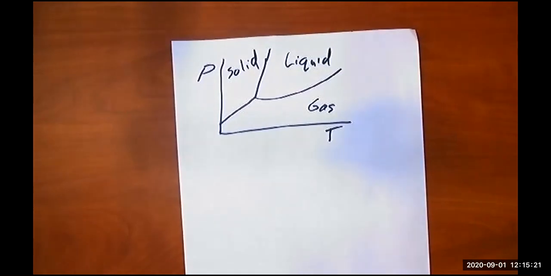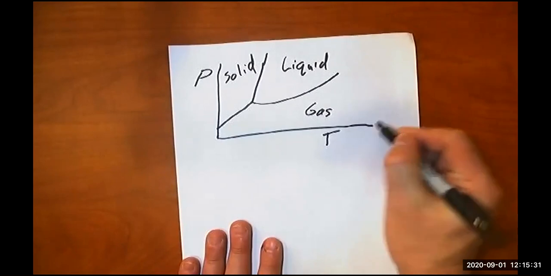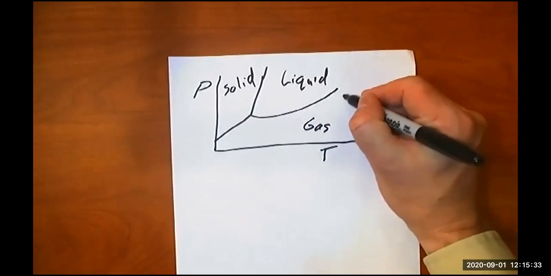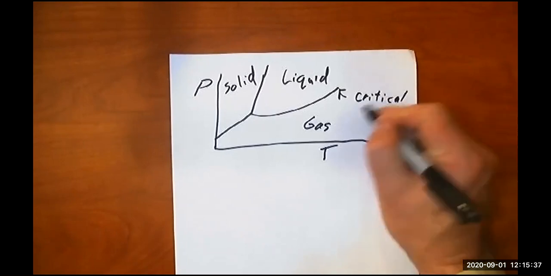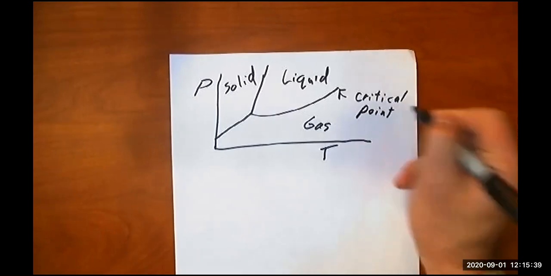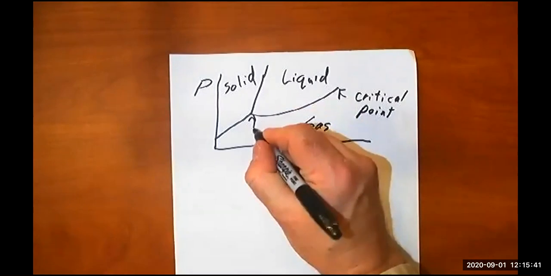Okay, so the question is asking, starting from a given point, and so then you have to be able to identify that point, and most of those points are in relation to the critical point and to the triple point.